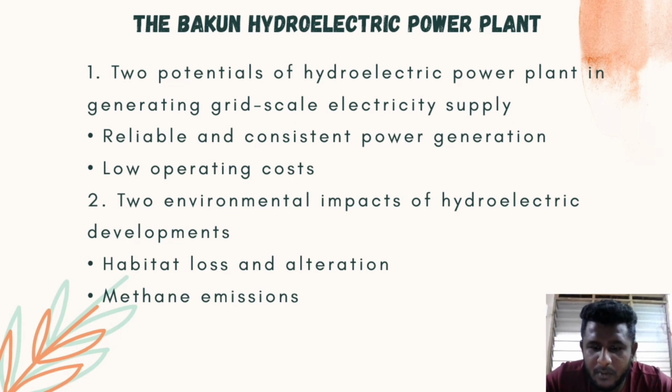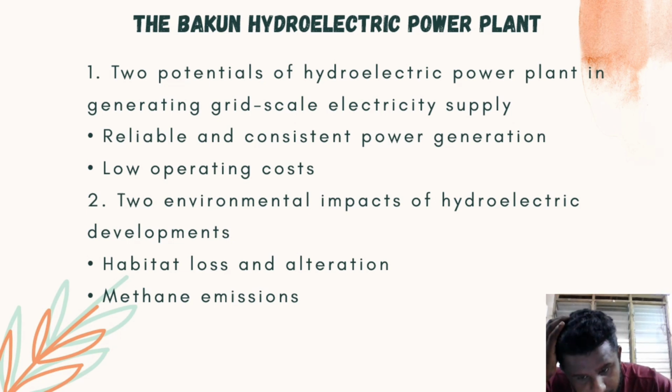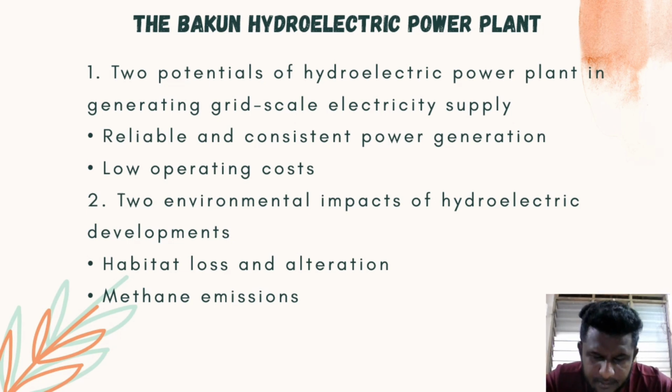Malaysia has a few hydroelectric power plants, including the Bakun hydroelectric power plant in Sarawak, which is the largest in the country. Here are two potential benefits and two environmental impacts of hydroelectric power plants using the Bakun hydroelectric power plant as an example.